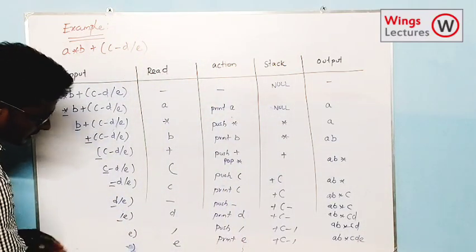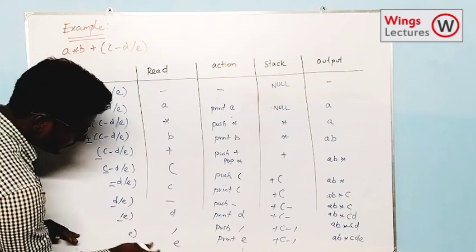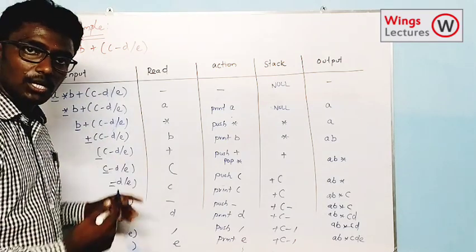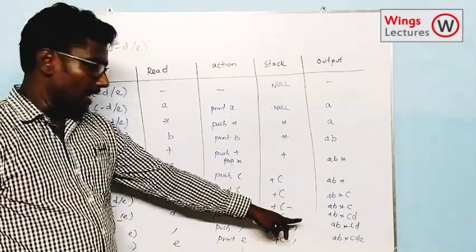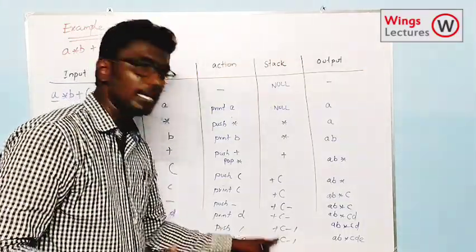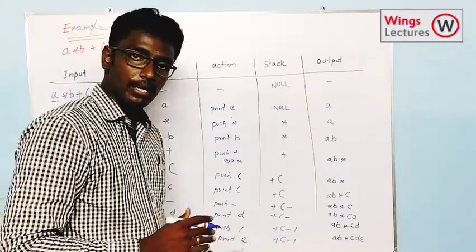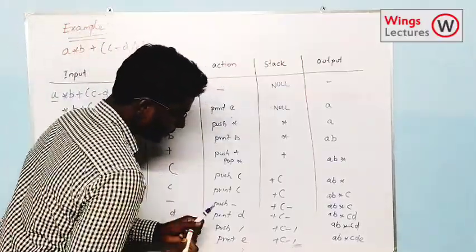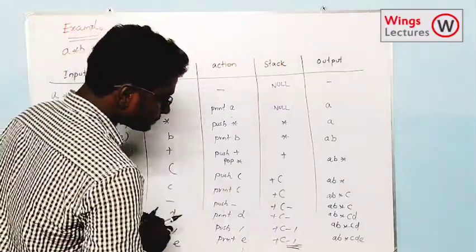Next, the final one, we have only the closed bracket in the input. As per the principle, as per the algorithm, if we insert a closed bracket into the stack, we have to pop all the operators from the stack until we encounter the open bracket. Here we have two operators, slash and minus.